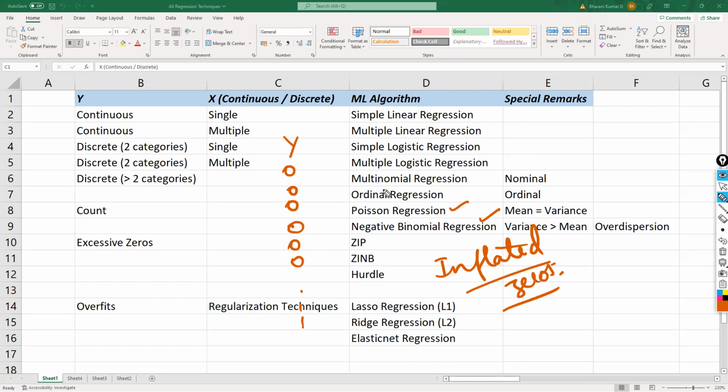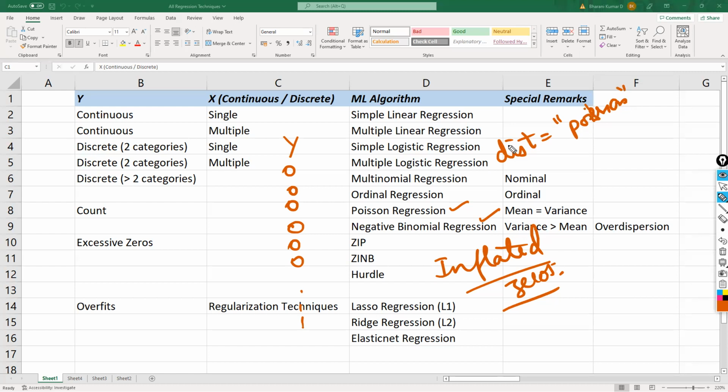For example, in every zero inflated algorithm that you build, you can simply say, I want the distribution to be Poisson.